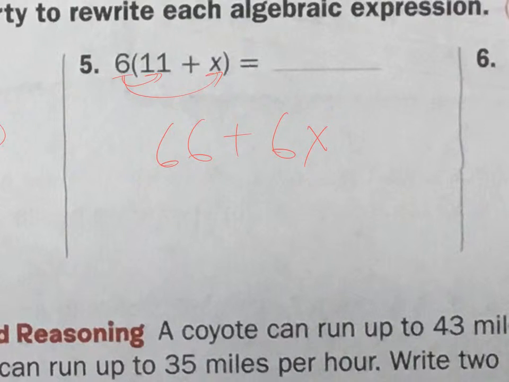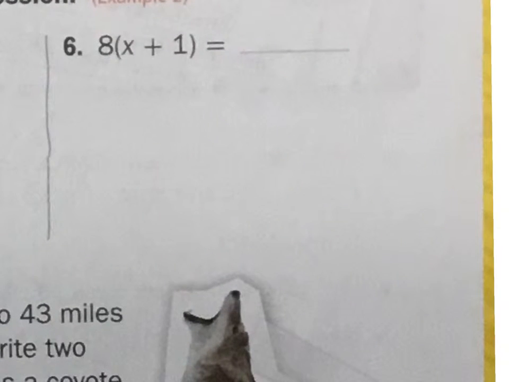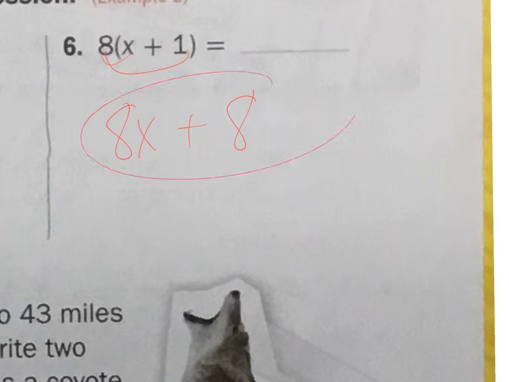There's an assumed 1 in front of a variable when it's just the variable. How many x's do you have there? You have 1x. So 6 times 1 is 6, and you have the x right there. So there's the expression rewritten. Let's go to 6. 8 times x is 8x, plus 8 times 1 is 8.